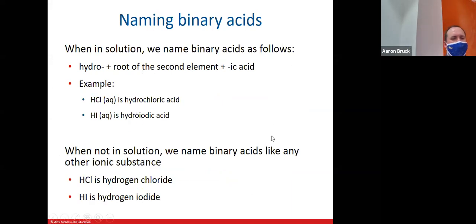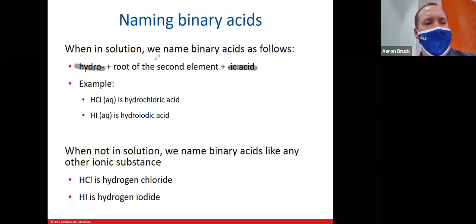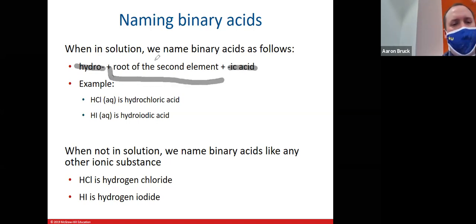For binary acids, the naming system is pretty simple. We start with the word hydro. We end with the phrase -ic acid. And in the middle, we put something recognizable to the element that is attached to the hydrogen.